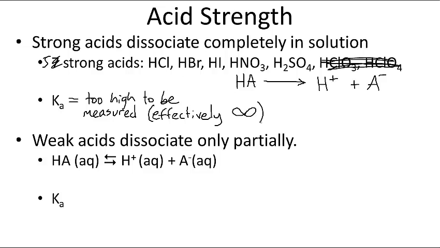Weak acids, on the other hand, only partially dissociate, meaning some percentage of the molecules split up at any given point in time, but most of them don't. So if you look up Ka values, these are usually between like 10 to the negative 13th and 10 to the negative 1.